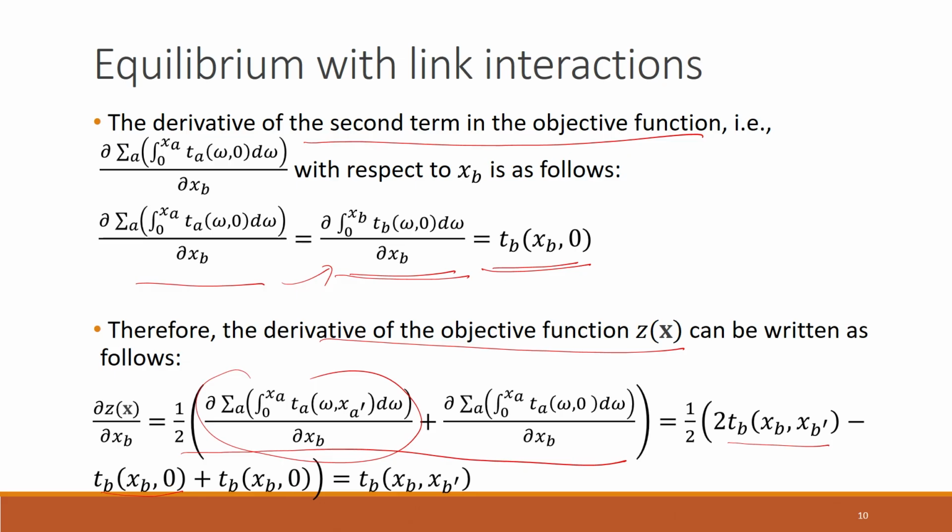Okay. And for this second term here we got that this is equal to tb of xb comma 0. Okay. So these two cancel here, and since there is a half term here, this 2 also gets cancelled with this one, and finally we get that the derivative of the objective function with respect to the flow on link b is equal to tb of xb comma xb dash, that is, this is just the travel time function of link b. Okay.